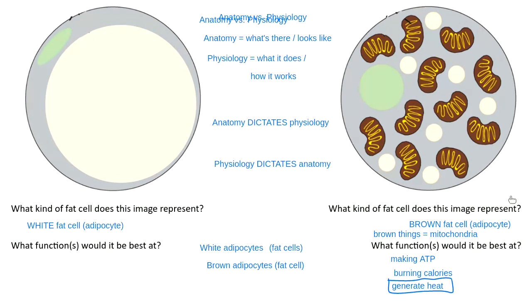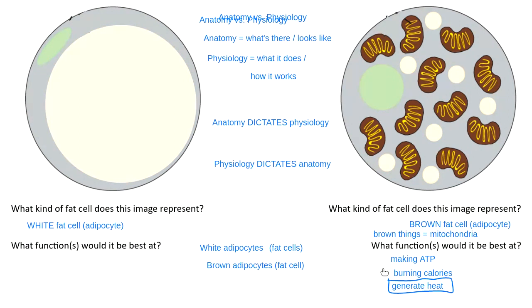And yeah, Ariel kind of summarized it in big picture for us. The anatomy of this cell helps me to know what it's doing. So I have a bunch of mitochondria in here that helps me to know that this cell, like we said, burns calories or makes ATP.